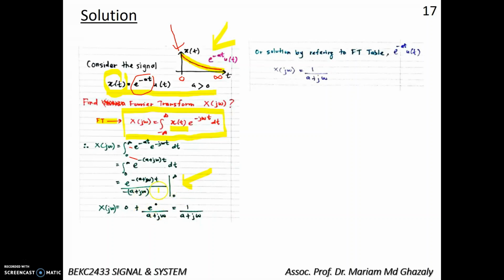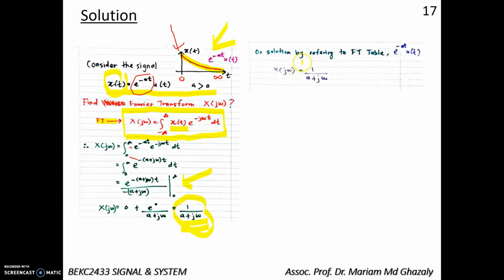When you substitute for infinity and 0 into this equation, you will get the final answer, this one. So this is how you prove that the Fourier transform of x(t) = e^(-at) u(t) is given by this equation.